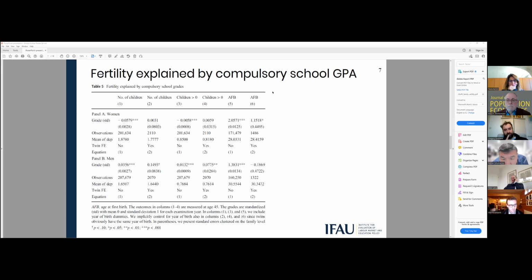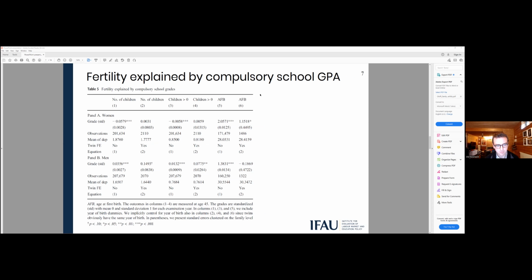For men in panel B, if we start with column 1 again, we see this positive relationship, looking at the overall raw association, which then gets stronger once we go to the family model with the twin fixed effects. We lose some precision here.